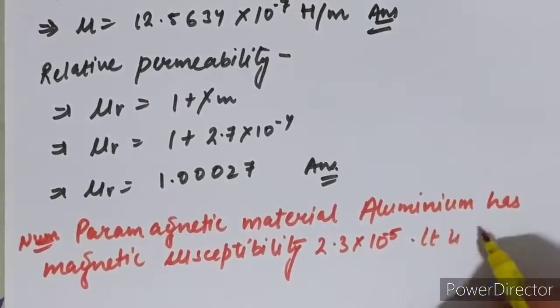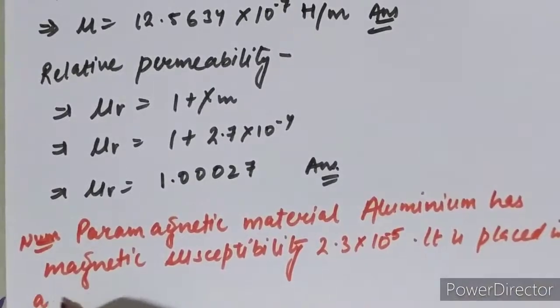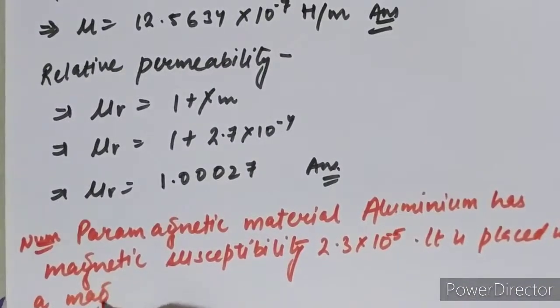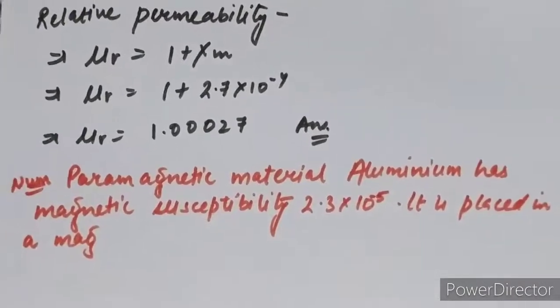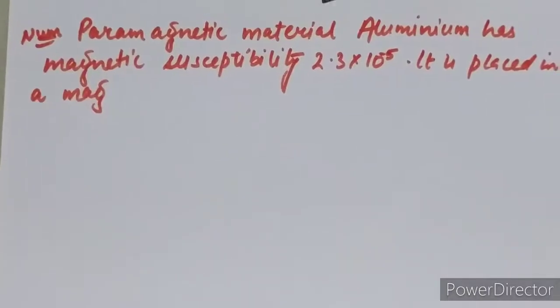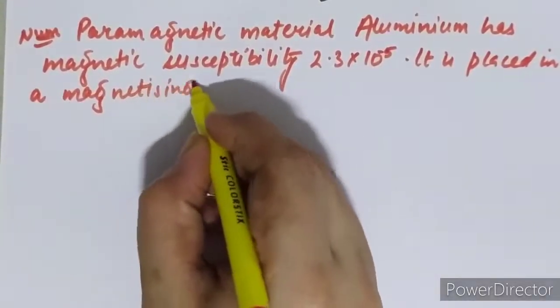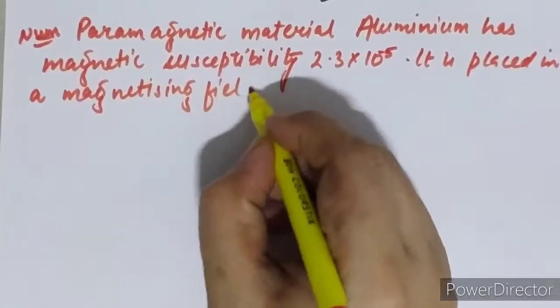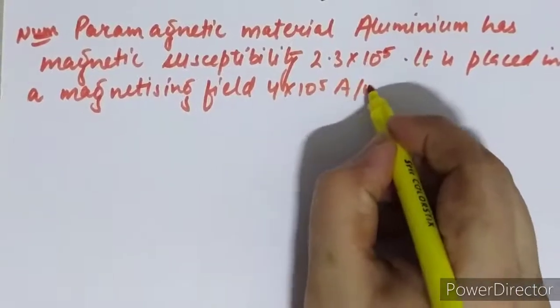It is placed in a magnetizing field of 4 into 10 to the power 5 ampere per meter.